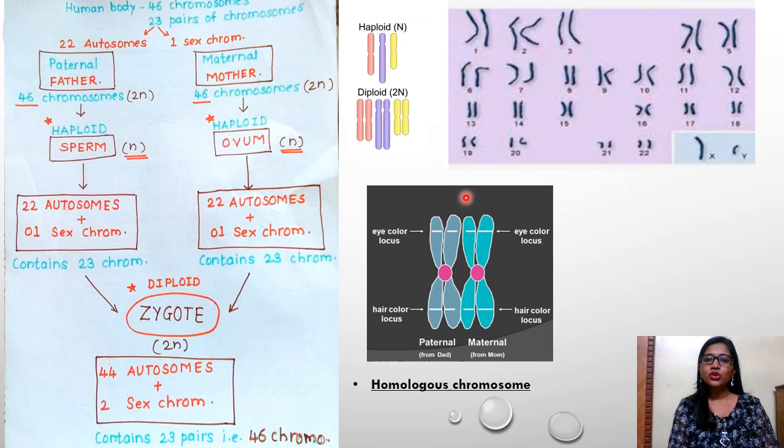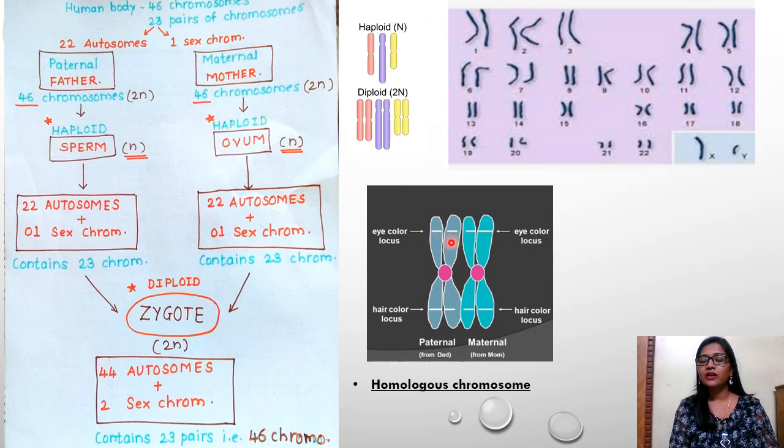Now observe another diagram, which shows homologous chromosomes. The first chromosome is from the dad's side, paternal, carrying the characters of the father. The second chromosome is from the maternal side, from the mom, carrying the characters coming from the mom's side. These lines are present at the same position. The positions are the same.